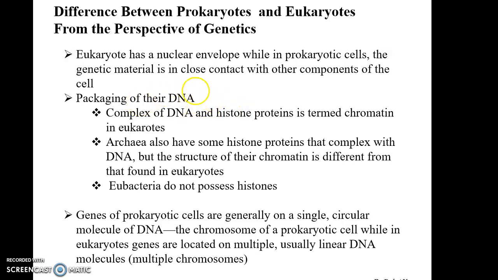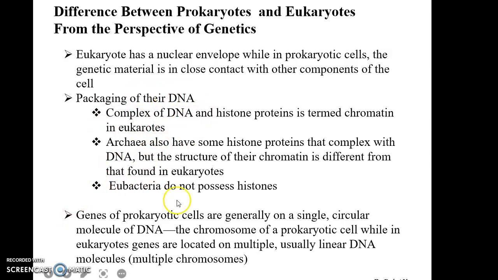This complex of DNA and histone, also known as chromatin, is present in eukaryotes, while that type of complex material is absent in prokaryotes. Archaea have some histone proteins that complex the DNA, but the structure of their chromatin is very different from that found in eukaryotes, while true bacteria don't possess histones. So that is another major fundamental difference between prokaryotes and eukaryotes.